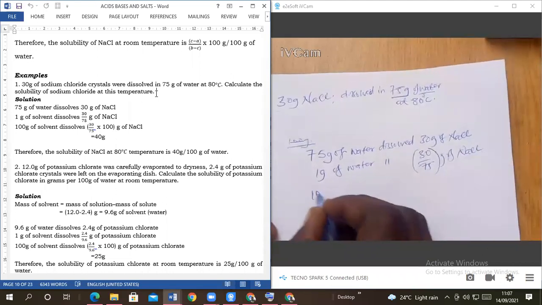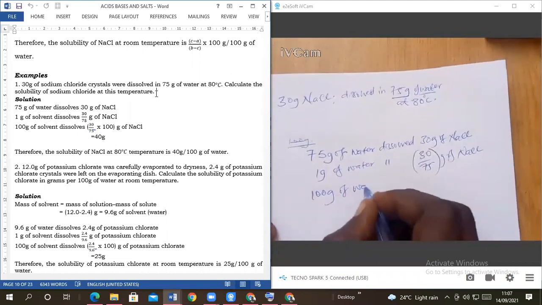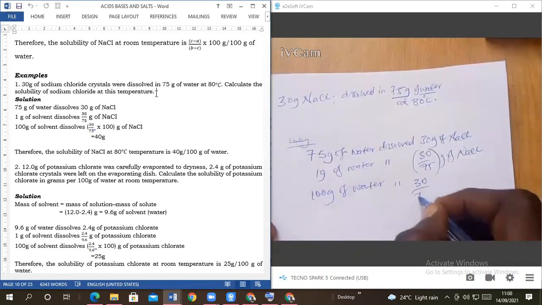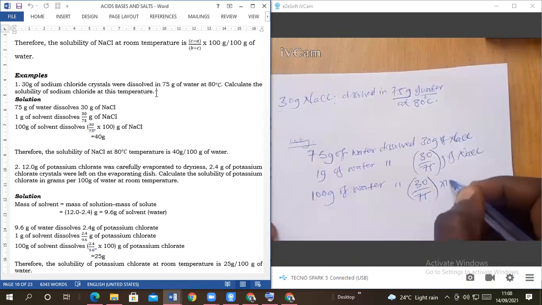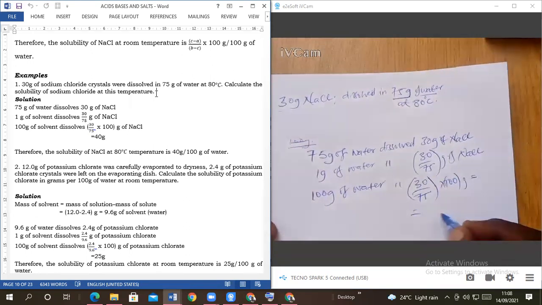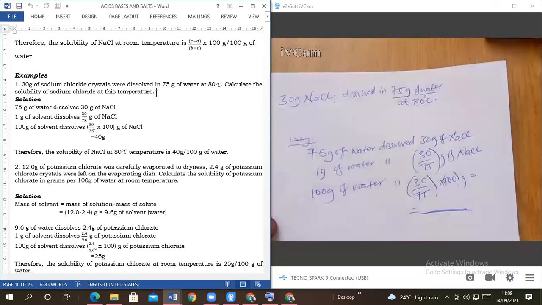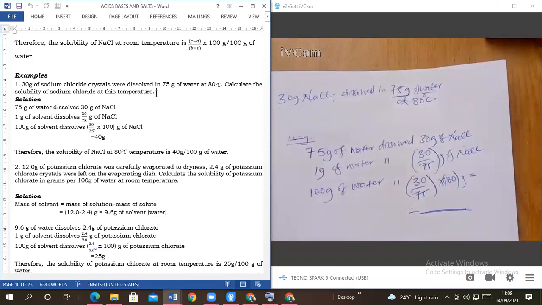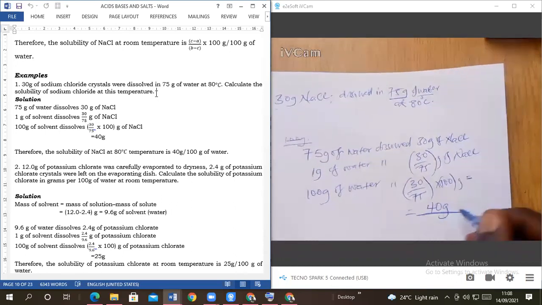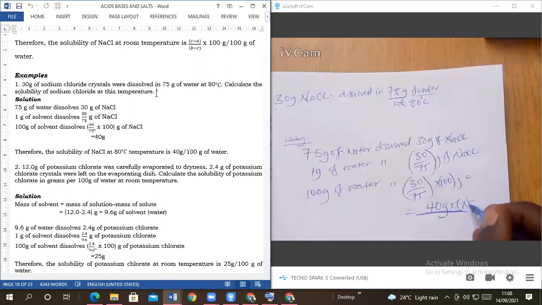Now, what about 100 grams of water? It dissolved 30 out of 75 times 100 grams. So what is this? The answer is 40 grams of sodium chloride.